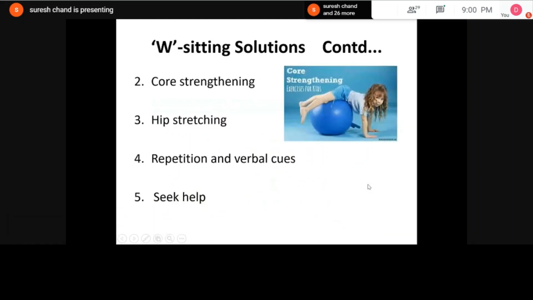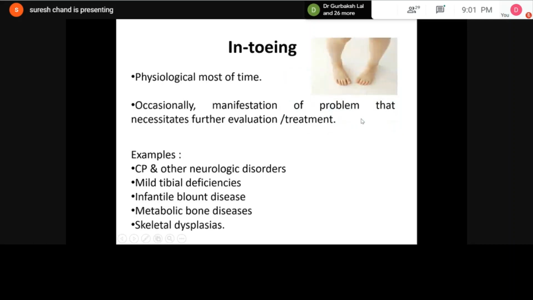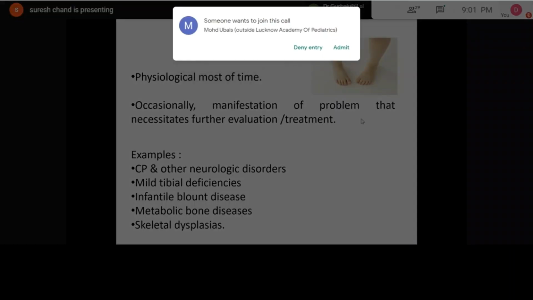We have to focus on core strengthening for the children, hip stretching, and parents can use verbal cues at home that whenever they see child sitting in W position, they can correct that, saying beta, sit straight or change the position. And if it is bothering too much, then we can always seek help from experts from pediatric orthopedics or general orthopedics.